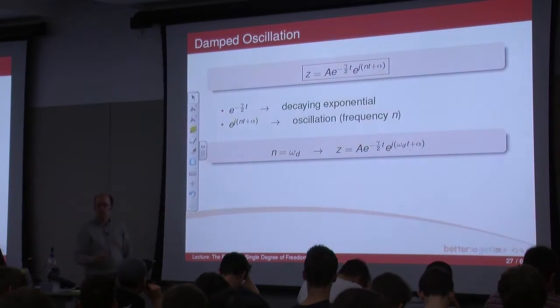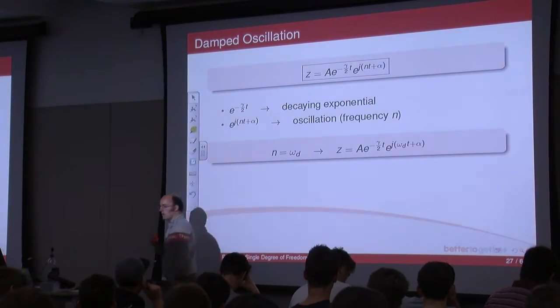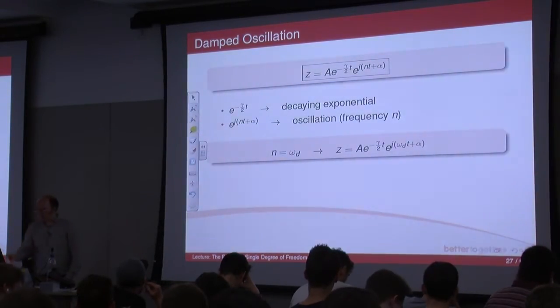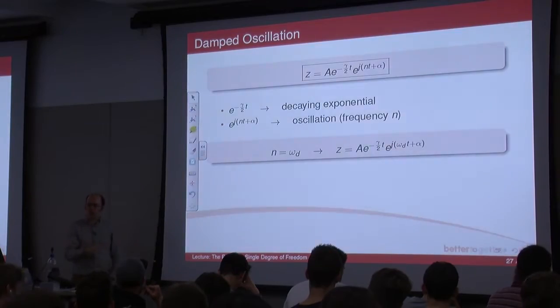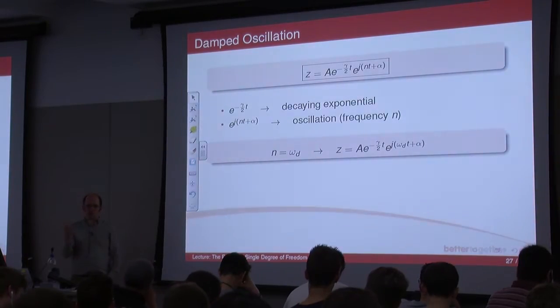Now n is a frequency and it's known as the damped natural frequency. That is the frequency at which the damped system will oscillate. And that frequency depends upon your damping in the system. It's dependent upon gamma, which is c upon m, and obviously c is your damping.